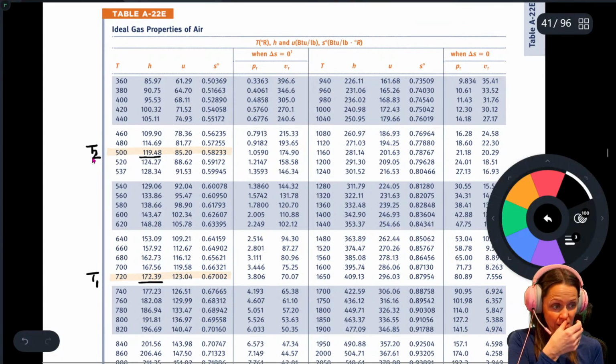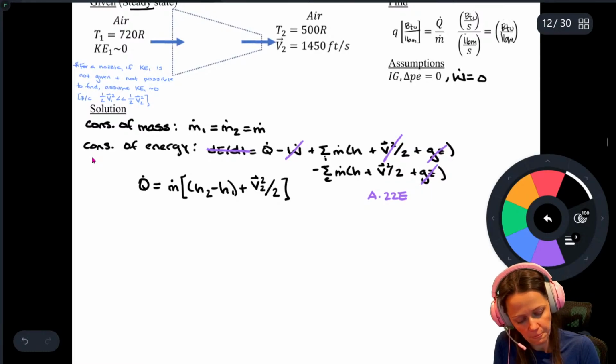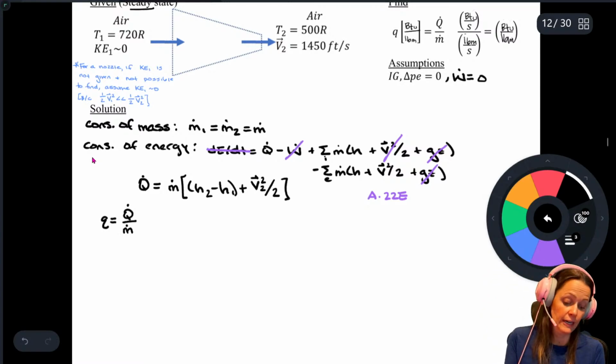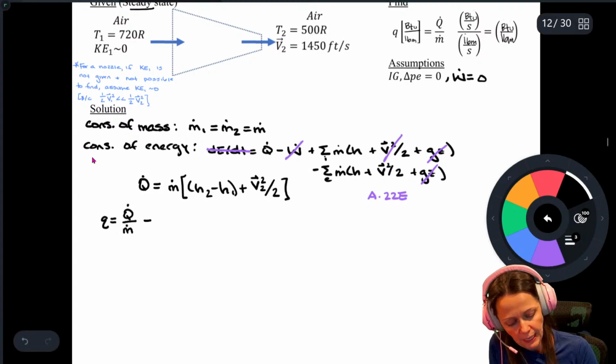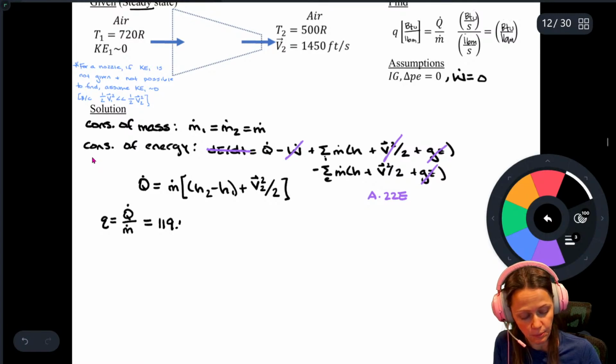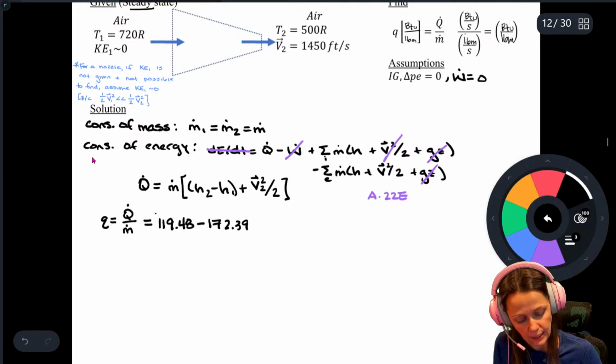No problem. I think it's just plug and chug here, a glorified exercise in unit conversions. So little q, which is equal to that Q dot divided through by m dot, is going to be H2 minus H1. H2 is 119.48 and H1 is 172.9, and the units there are BTU per pound mass, which is great.